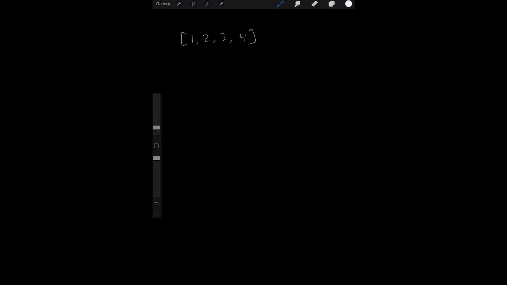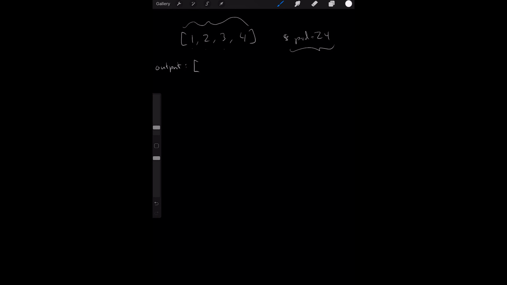The fastest way that I can think of is to just take the product of all these numbers. So what is 1 times 2 times 3 times 4? That's 24. So you could have something like prod, as in product, equals 24, because you just multiply all these numbers together. And then your output array would look something like this, given these numbers 1, 2, 3, 4.